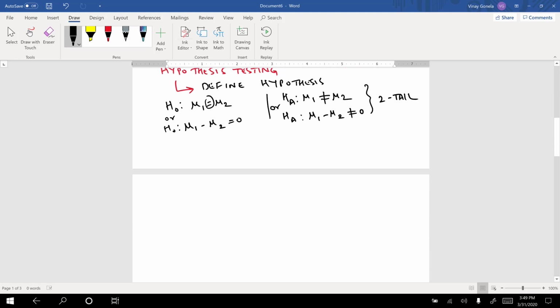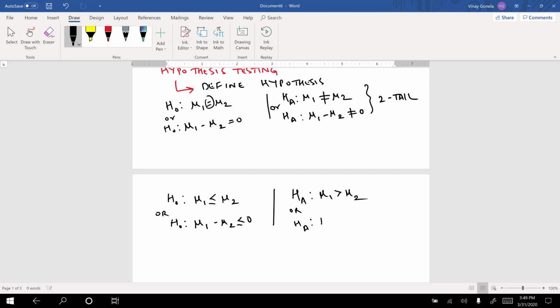H null: mu1, city 1's weight, is less than or equal to mu2, or we can write this as H null: mu1 minus mu2 less than or equal to 0. The alternative would be mu1 greater than mu2, or H alternative: mu1 minus mu2 greater than 0.